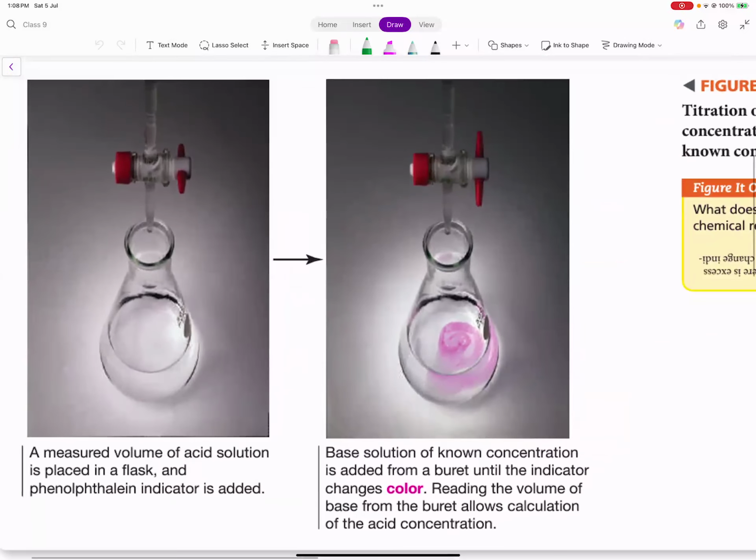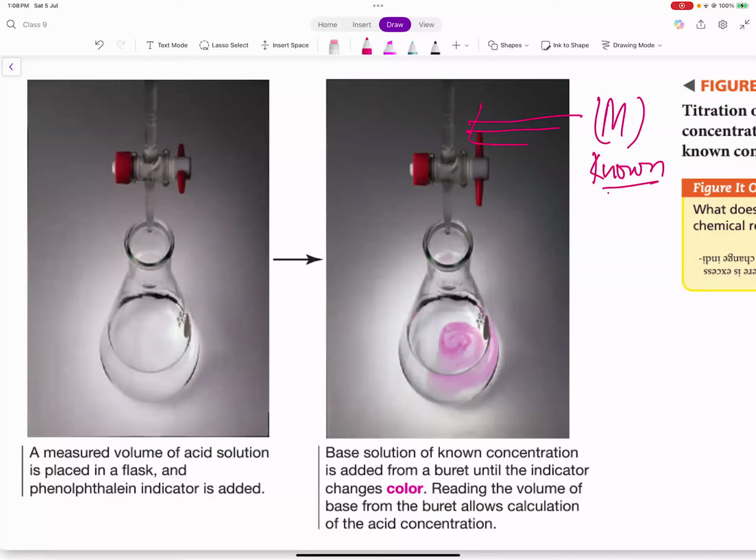So how is titration performed? First, a measured volume of acid solution is placed in a flask, and phenolphthalein indicator is added. Now a base solution of known concentration is added. So whatever we are adding here, this molarity is known.